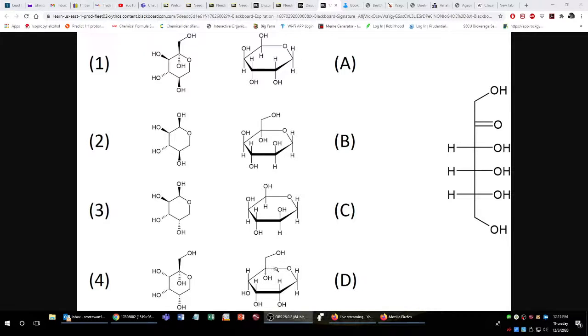But because this is a trigonal planar molecule, we can have a situation where the OH group goes up and this CH2OH group goes down, or we can have the OH group down and the CH2OH group go up. So the only one here that really works for the Haworth projection is compound D. So D can be made from this compound on the right.